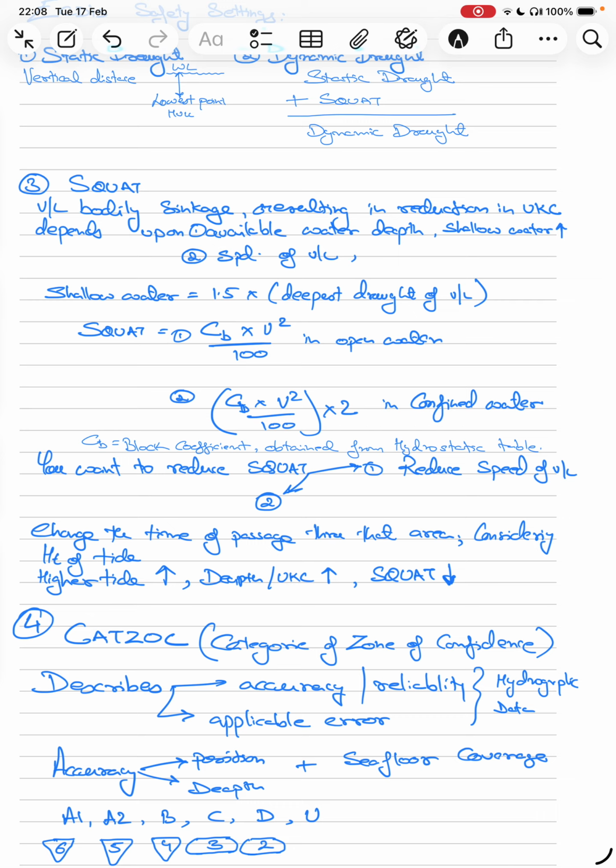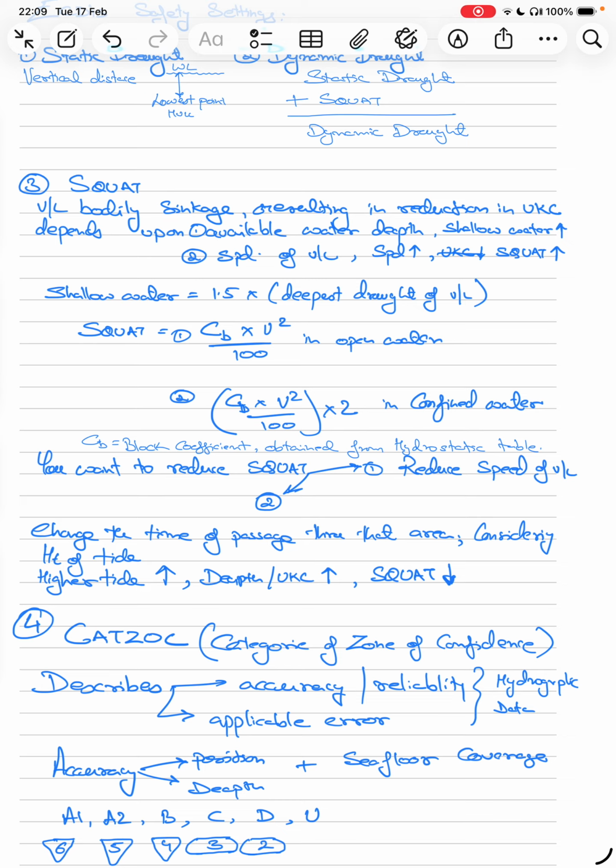If speed is higher, the UKC will be smaller. Why? Because squat will be more. So yeah, UKC will be down, but here we are not discussing UKC, so that's why squat.